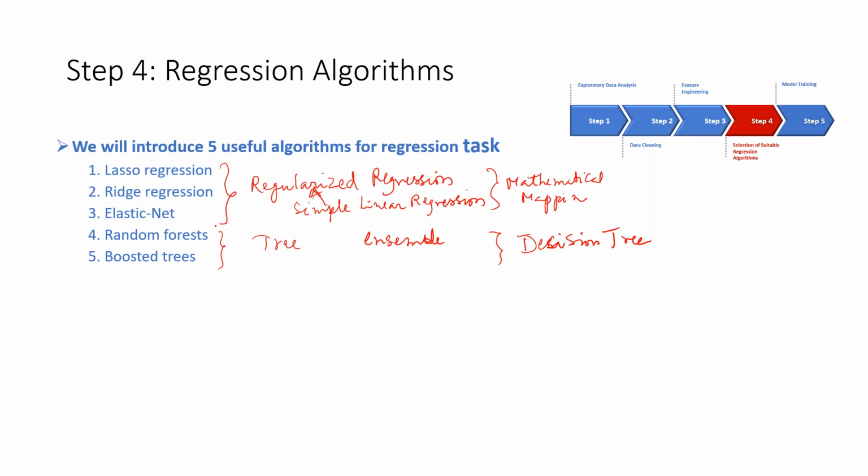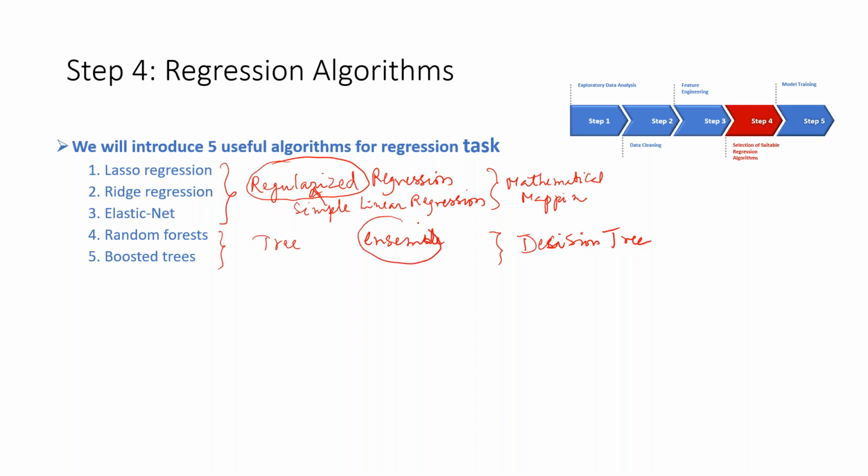Again, there is another way of grouping, and based on that grouping we have another algorithm called boosted trees. But fundamentally random forests and boosted trees are decision tree based algorithms, and here we have used an improvisation called regularized.